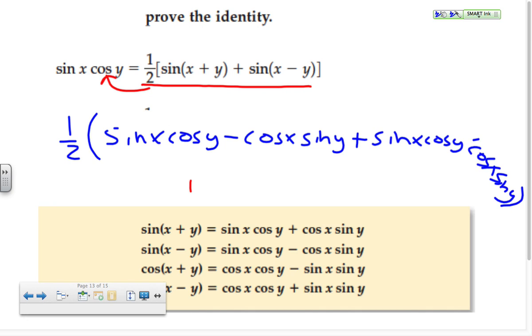Alright, so now these are all still within the parentheses. I can go ahead and cancel some stuff out. I think this should be a plus sign, I'm sorry. When I do sine x plus y, this should be a plus sign in here. I was looking at the wrong one.